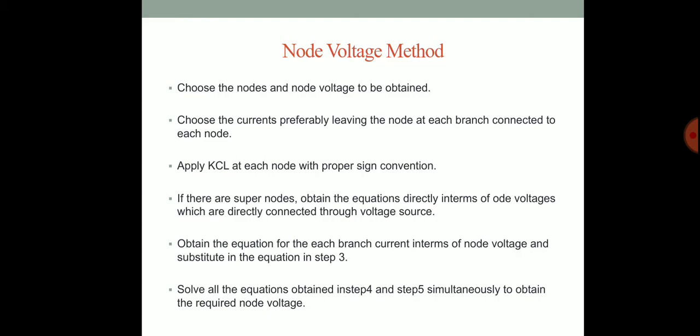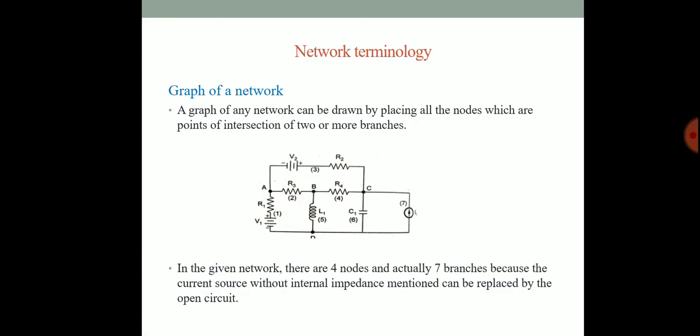Number 4, if there is a supernode, obtain the equation directly in terms of voltages which are directly connected through a voltage source. Number 5, obtain the equation for each branch current in terms of node voltages and substitute in the equation from step 3. And finally, solve all the equations obtained in step 4 and step 5 simultaneously to obtain the required node voltages.